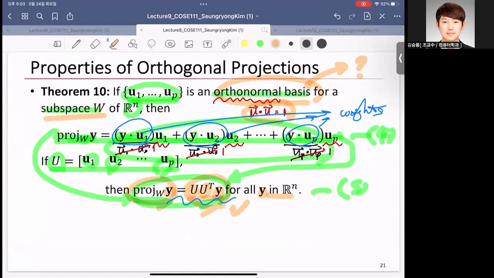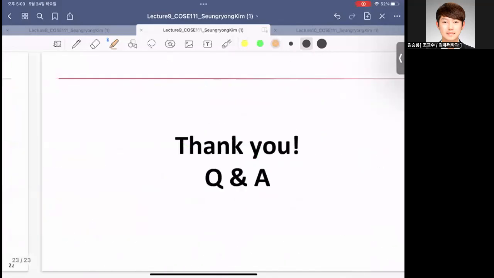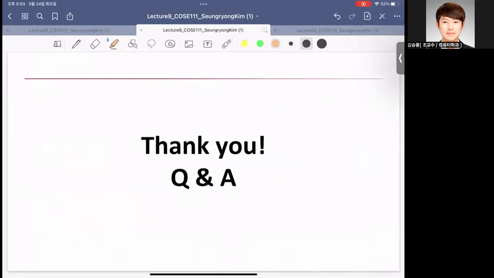We can derive this orthonormal basis equation, which can be summarized as the projection of y onto subspace W is equal to U U transpose y for all y in R^n space. This is theorem 10. Right, that's it.